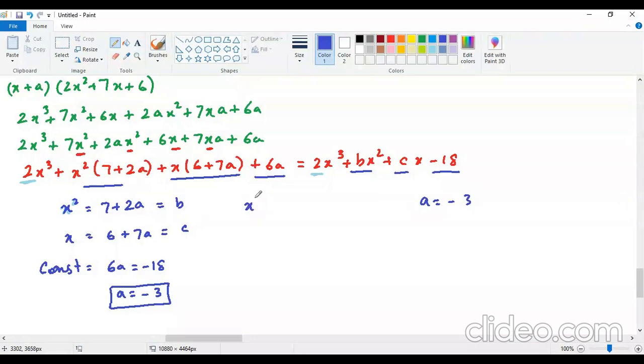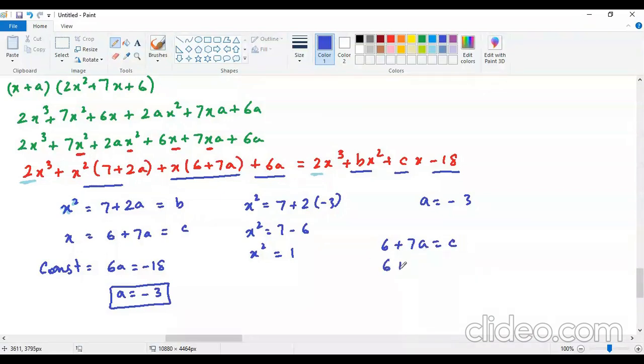And now we'll find the value of b, which is 7 plus 2 times negative 3, which equals 7 minus 6. So the value of b is going to be 1, and 6 plus 7a equals c.